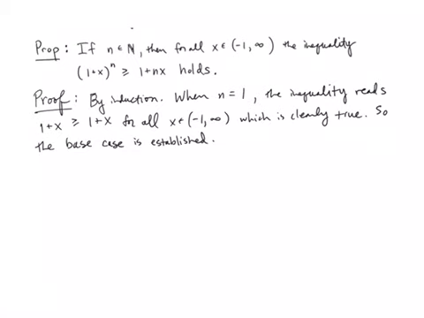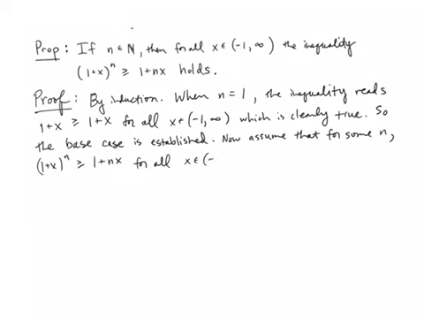And now assume that for some n, (1 plus x) to the n is bigger than or equal to 1 plus n times x for all x in -1 to infinity.